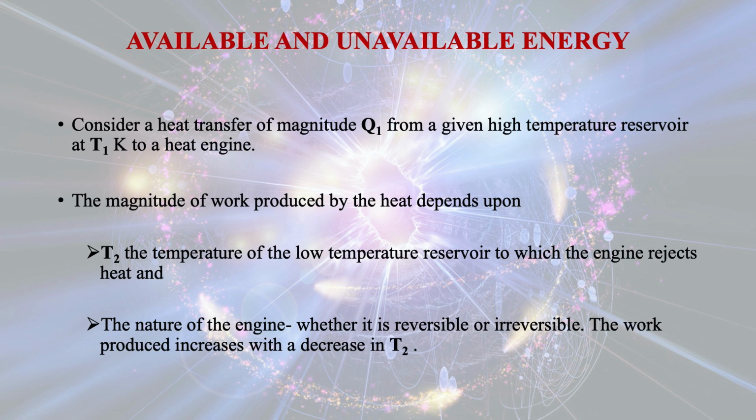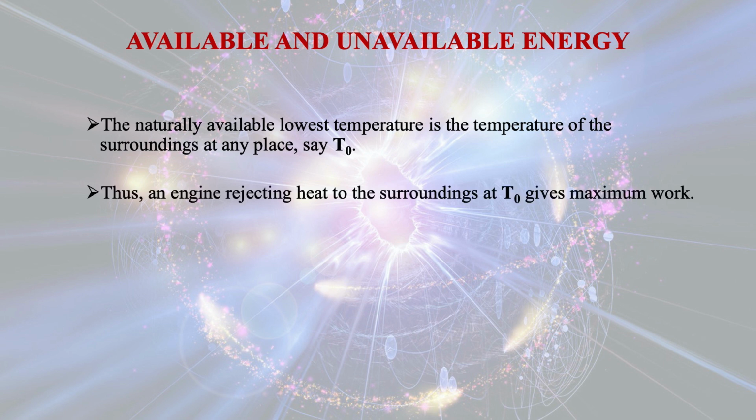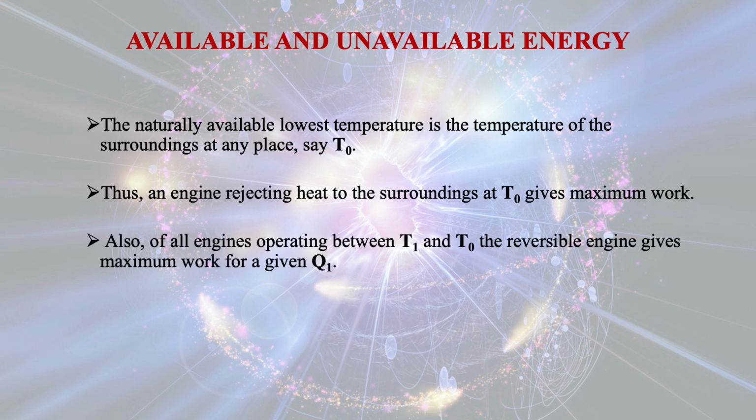The work produced increases with the decrease in temperature T2. The naturally available lowest temperature is the temperature of the surroundings at any place, say T0. Thus, an engine rejecting heat to the surroundings at T0 gives maximum work. Also, of all engines operating between T1 and T0, the reversible engine gives maximum work for a given Q1.